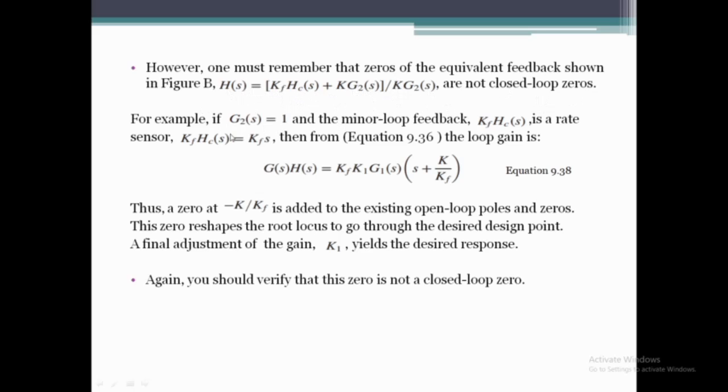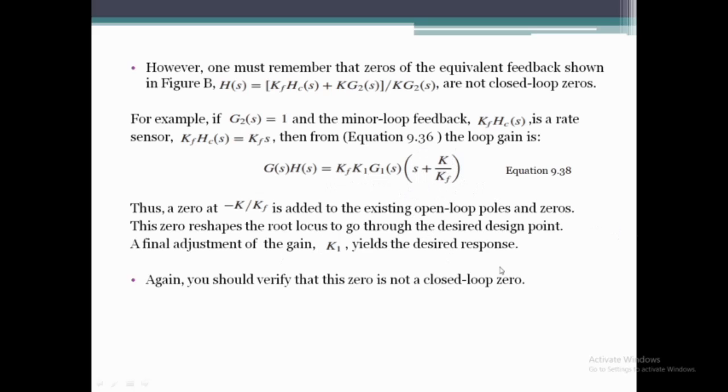For example, if G2(s) is equal to 1 and the minor loop feedback KF Hc(s) is a rate sensor, KF Hc(s) equals KF s, then from equation 9.36 the loop gain G(s)H(s) is equal to K1 G1(s) multiplied by (s plus K over KF).